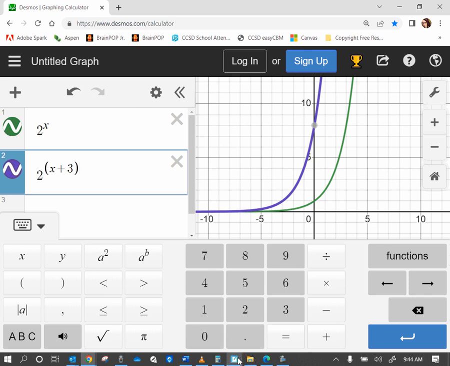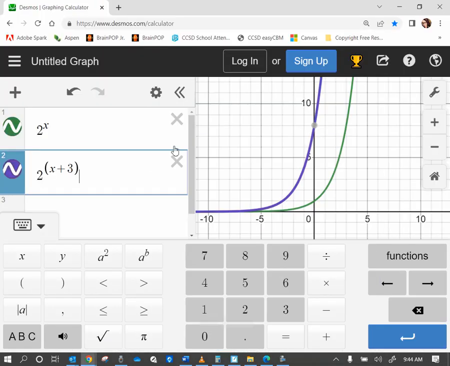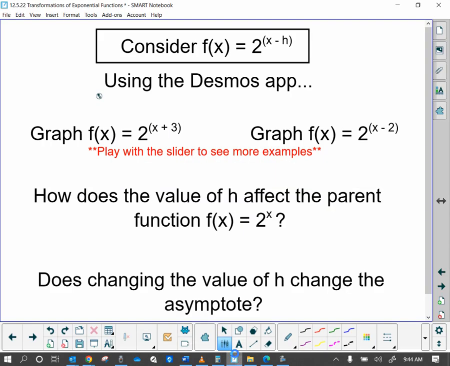Okay, and then if you subtract, let's say we're subtracting 2 here, it's going to go to the right 2 units. Green is still your parent function. If we subtract 2, we're going to the right 2. So plus 3, the graph shifted left 3.